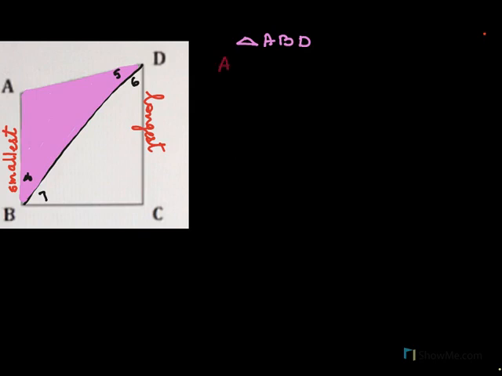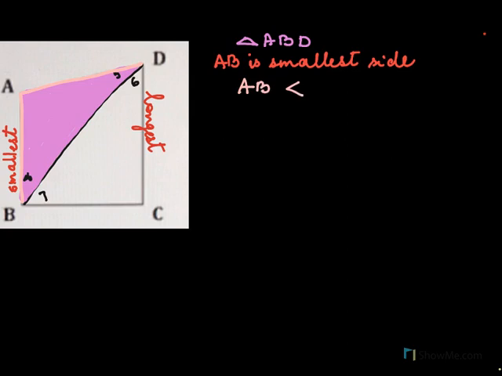In triangle ABD, we know AB is the smallest side. So no other side is smaller than AB. So when I compare AB and AD, I will write AB less than AD, because AB is the smallest or shortest side.